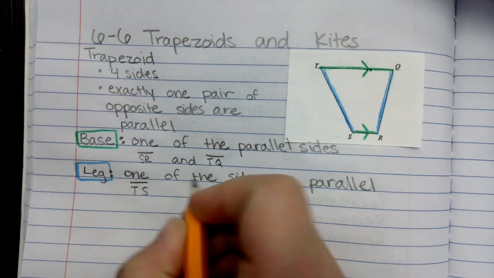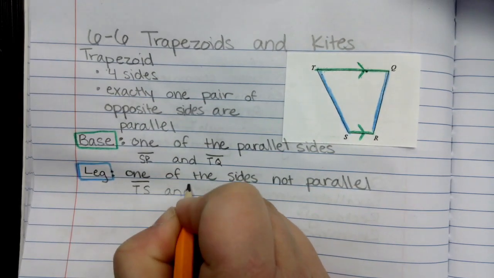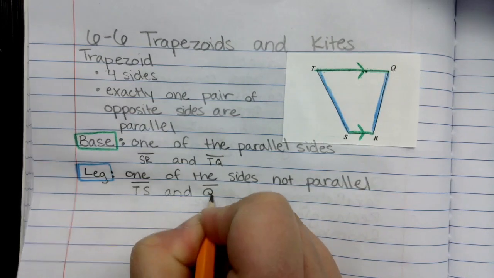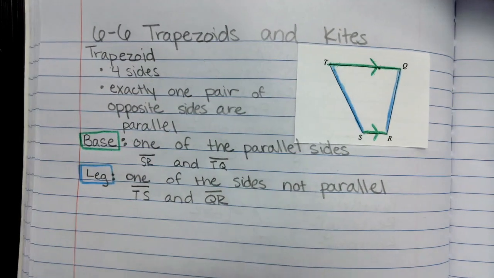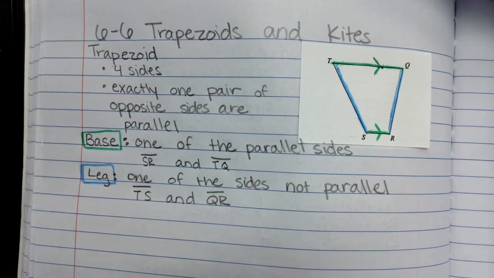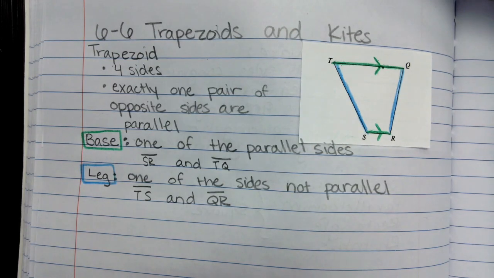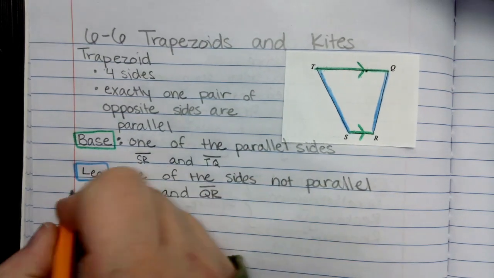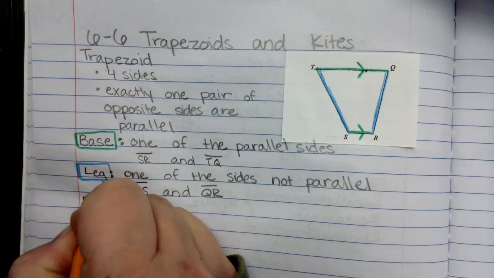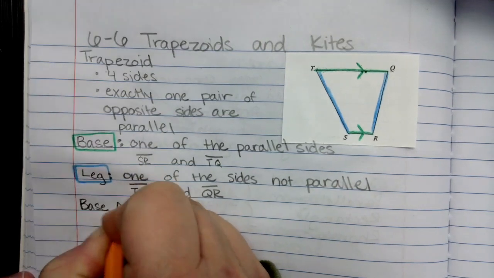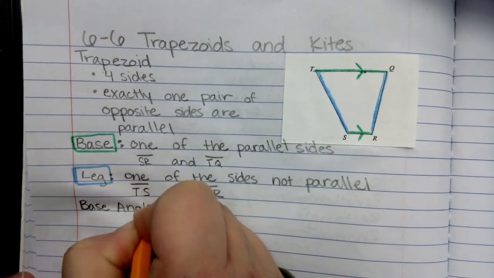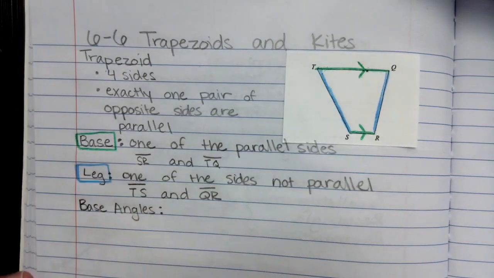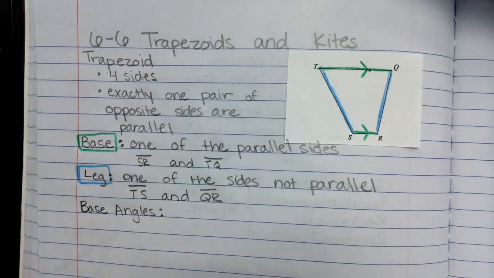Alright, next up, we got base angles. Base angles are a pair of angles connected by a base.